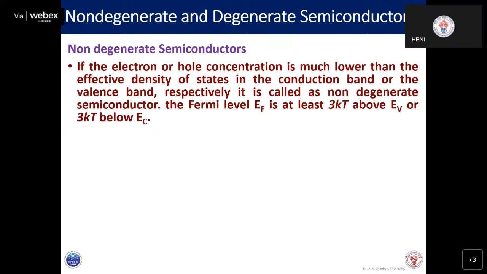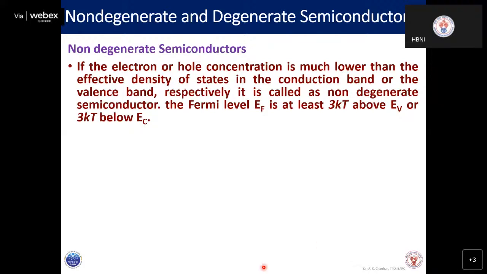Now let us also understand what are non-degenerate and degenerate semiconductors. If the electron or hole concentration is much lower than the effective density of states... What is the density of states? It is the total number of allowed energy states per unit energy per unit volume.